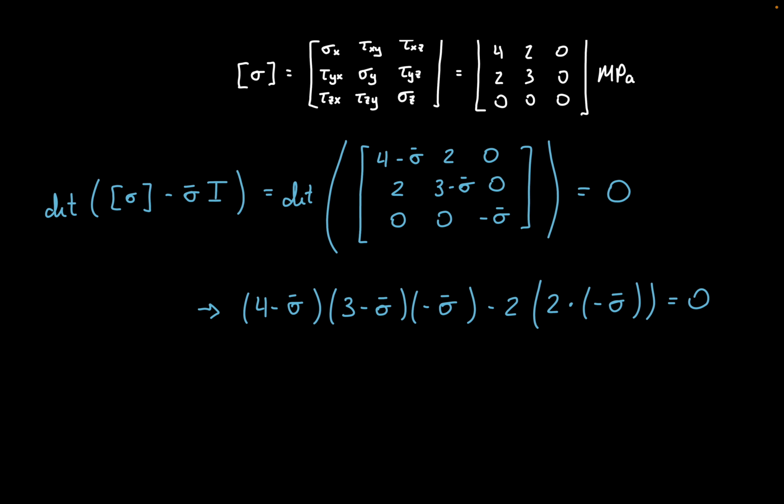So now what we can do is we can start to factor stuff out. So we can pull out a sigma bar, and then we'll be left with sigma bar squared minus 7 times sigma bar plus 8, and this will all equal 0. So we can say one of our essentially eigenvalues, sigma bar, is going to be equal to 0.